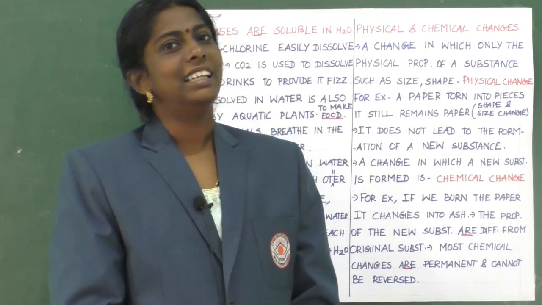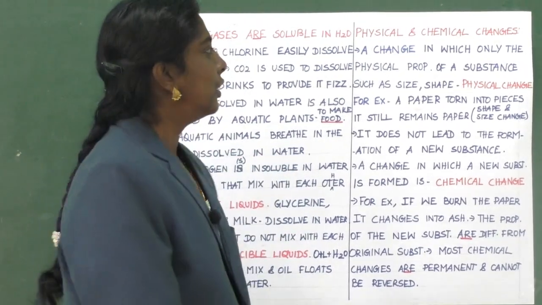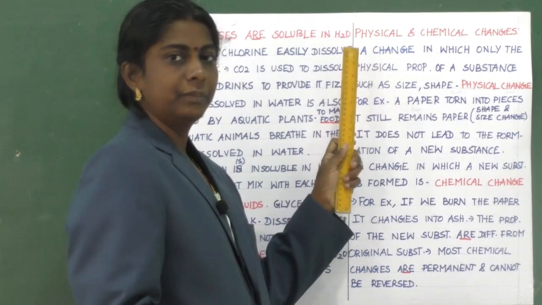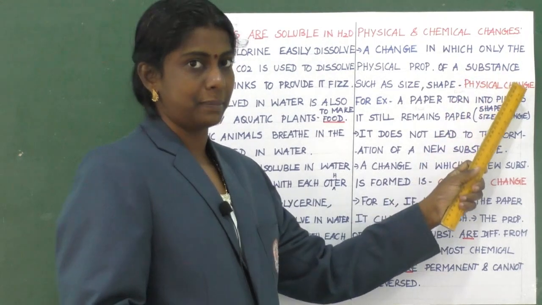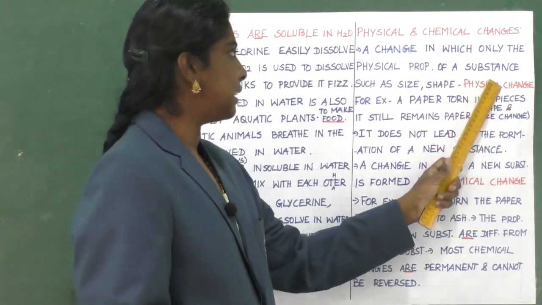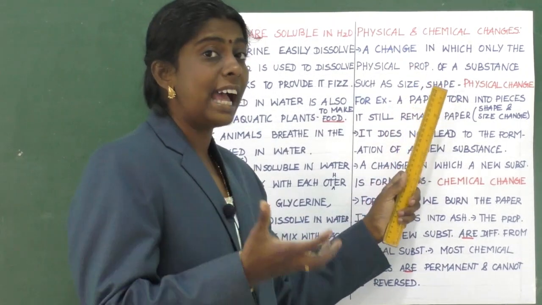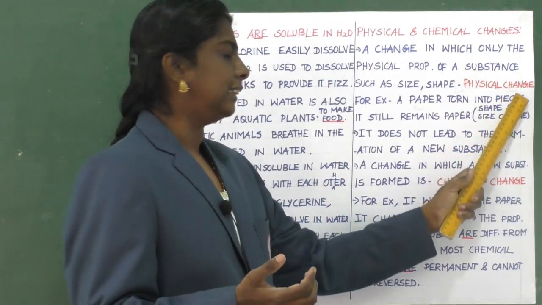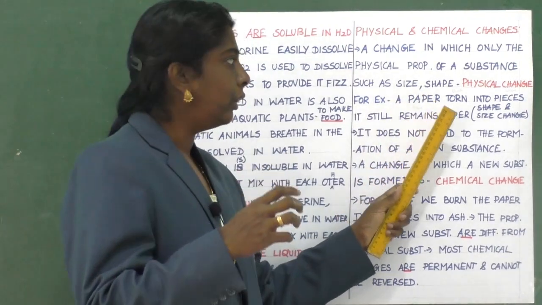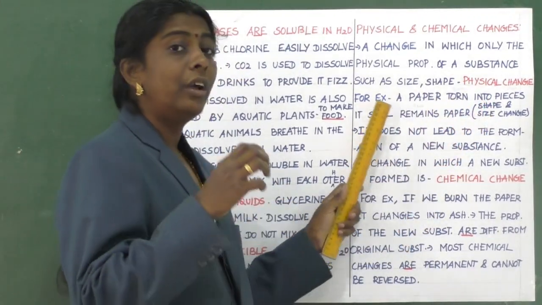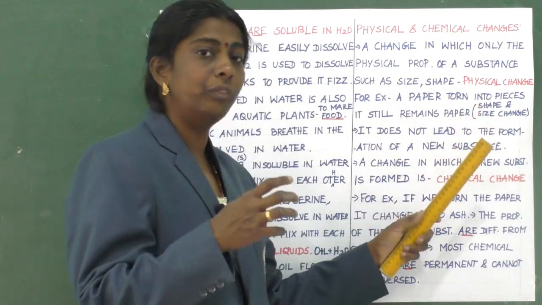Yes, children. Now let us learn about physical and chemical changes. Okay. So, what do you mean by physical change? A change in which only the physical property of a substance, such as size and shape, is changed is said to be a physical change. Can you understand? For example, a paper which is torn into pieces still remains paper, but the size and shape alone get changed.